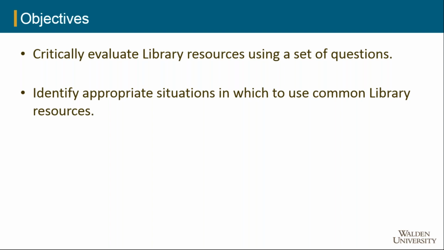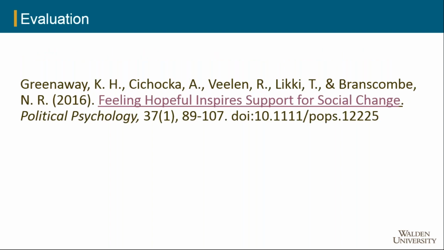And then later, Kim is going to talk about identifying appropriate resources for their intended use. So for instance, if you have an assignment, what would be appropriate? If you just need up-to-date current information on a topic, what would be appropriate there? It's like using the right tool at the right time. If you need a hammer, use a hammer. If you need a screwdriver, use a screwdriver. So we're going to talk about resources in that same kind of way.